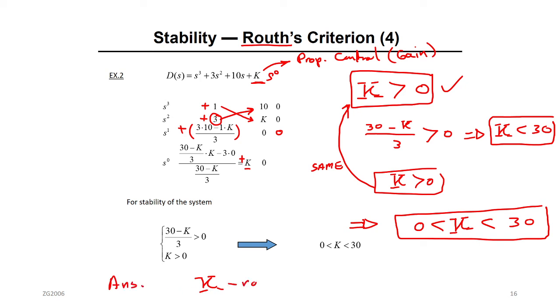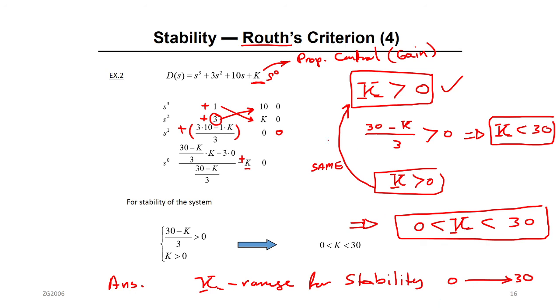K range for stability is between 0 and 30. So what does that mean?